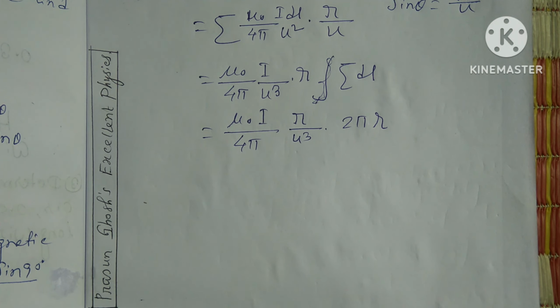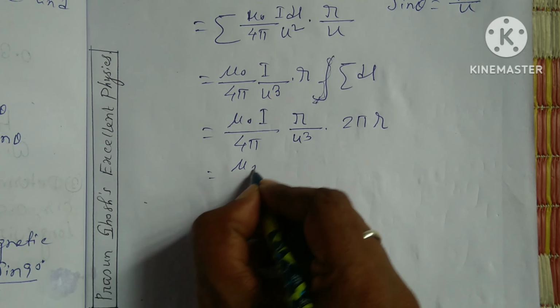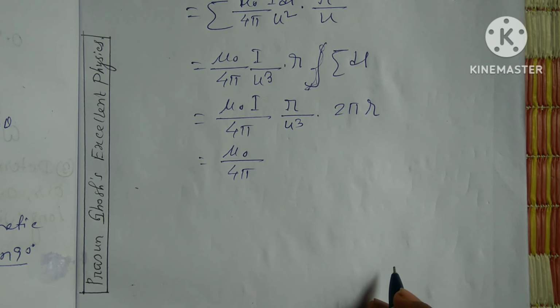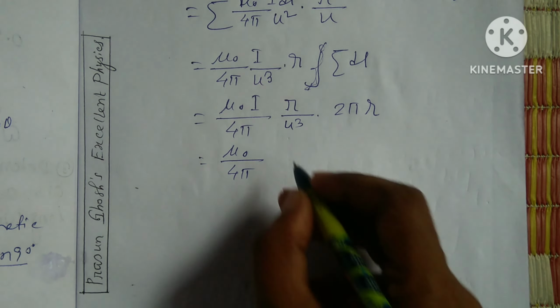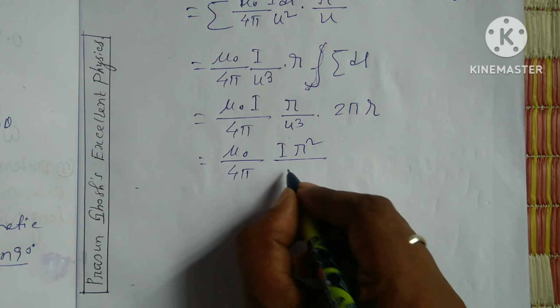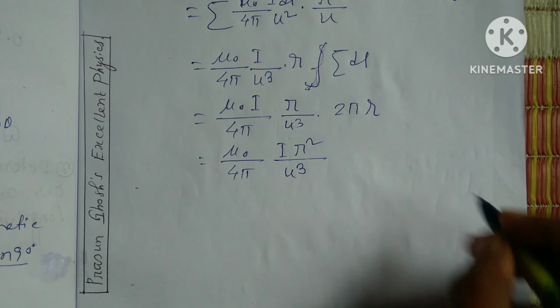So we can write mu 0 by 4 pi into 2 pi I r square by u cube.